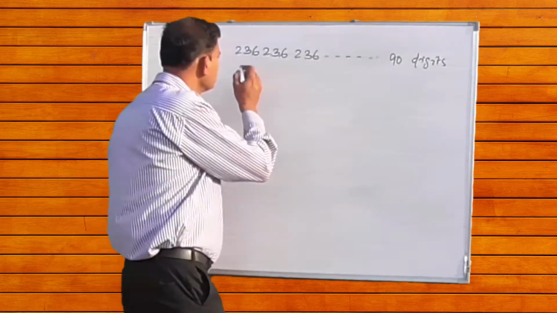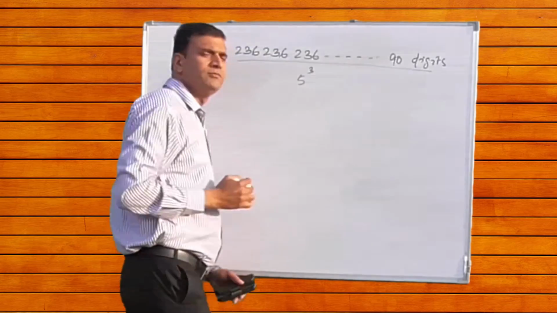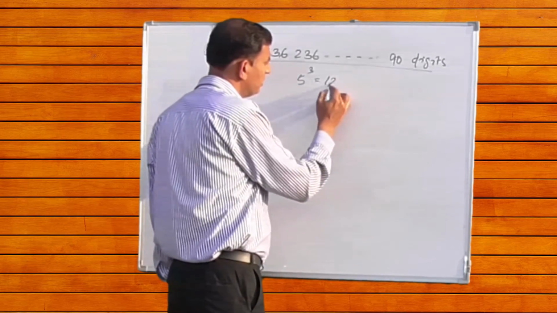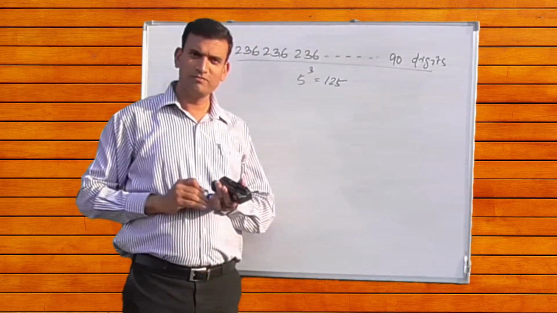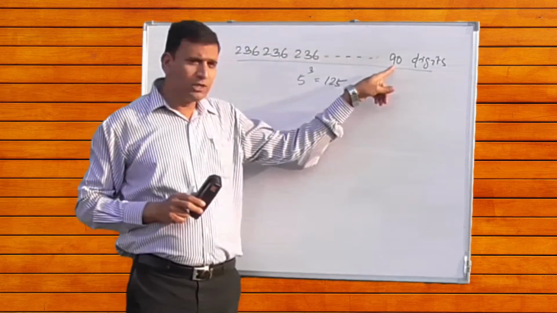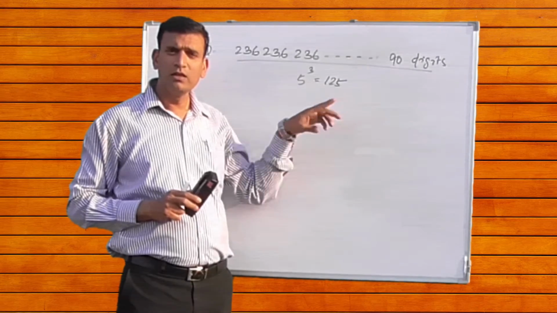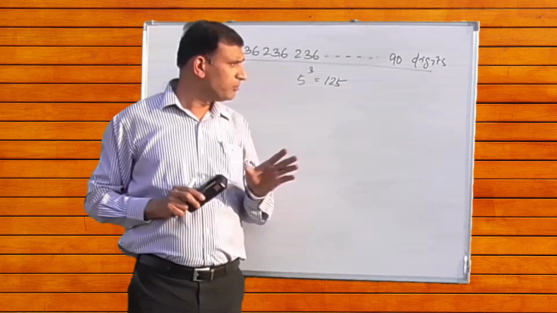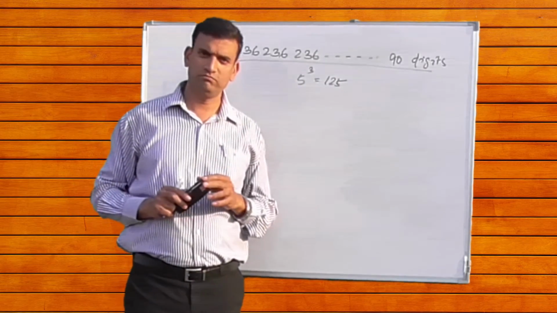Now this is divided by 5 to the power 3, or you can write it as 125. So if this value is divided by 125, what will be the remainder?